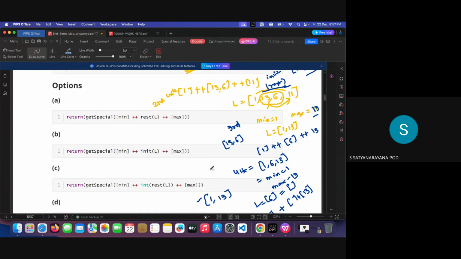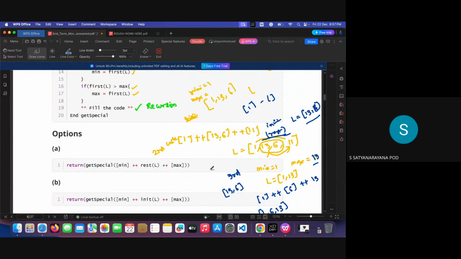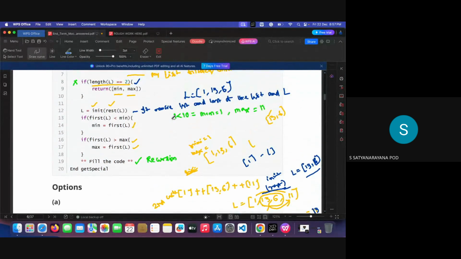After that, 1 and 13 is called. Instead of 13 and 6, here 1 and 13 is called. So whenever 1 and 13 is called, we are working with 1 and 13.